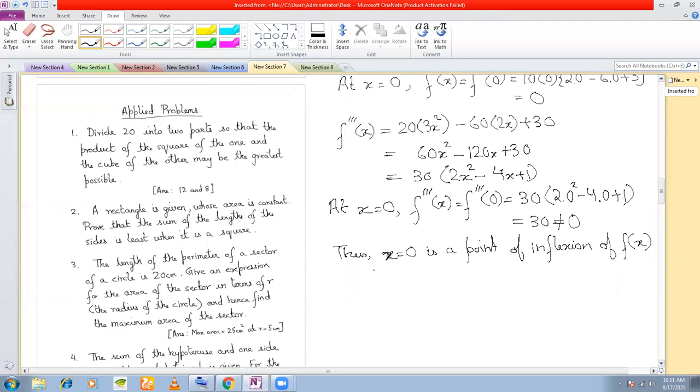Okay, so that finishes this part. So what are the turning points here? The turning points of f(x) are obtained at x is equal to, what were the other 2 points? x is equal to 3 and x is equal to 1, and x is equal to 0 is a point of inflection. Okay, moving on to the next problem.